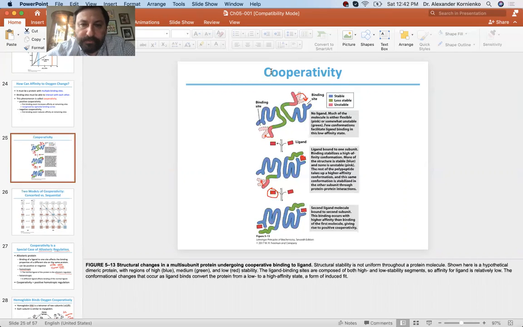That's why it's called cooperativity. So you can consider this as an allosteric protein. You know what an allosteric protein is, and you know how it works. In other words, if you can describe to me this figure, then that's all I need. Okay, great. Thank you.